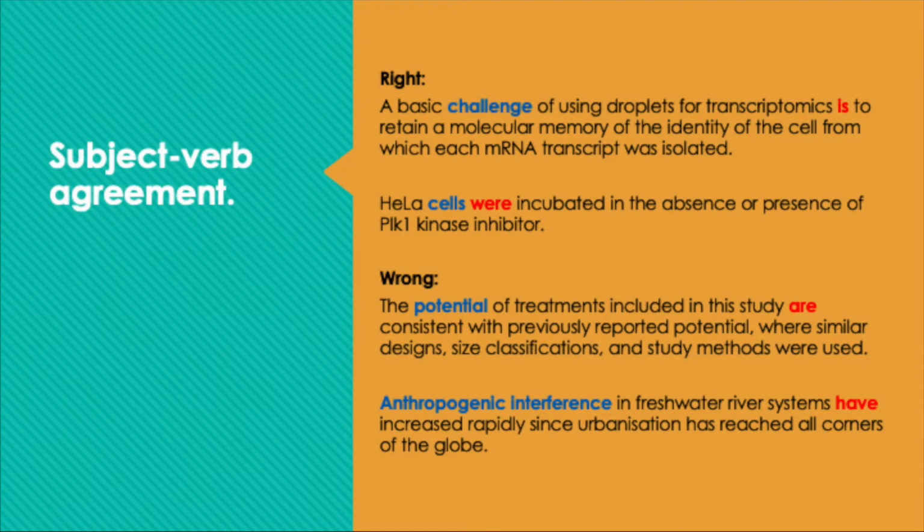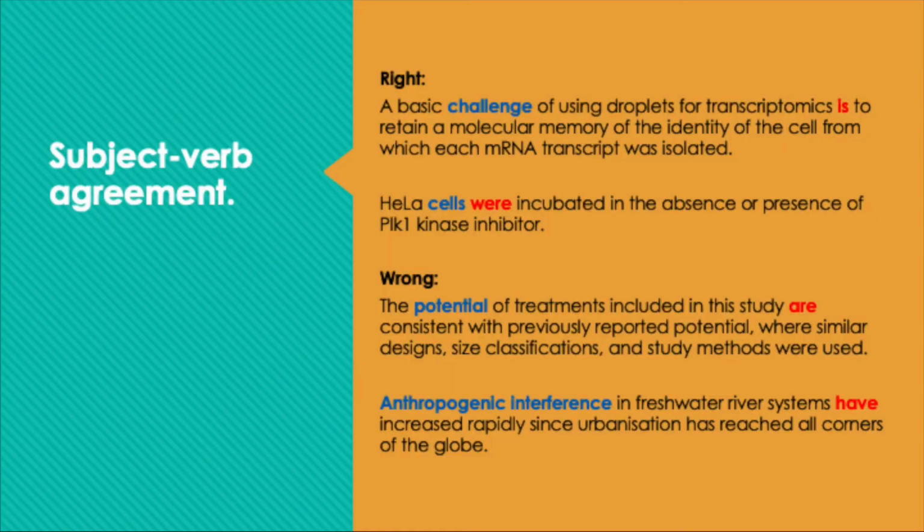I can see why people would write it this way, because it says the potential of treatments. So treatments is plural. It's a plural noun. And so you might think, well, I need to use the plural verb, are. But treatments is not the key subject in this sentence. Potential is the key subject.